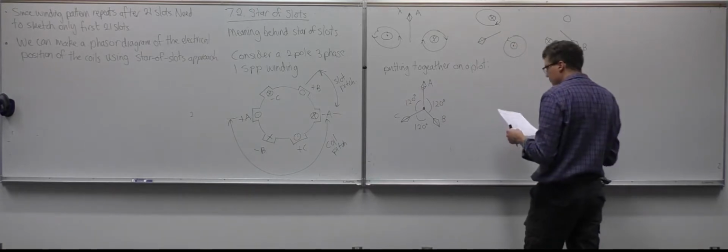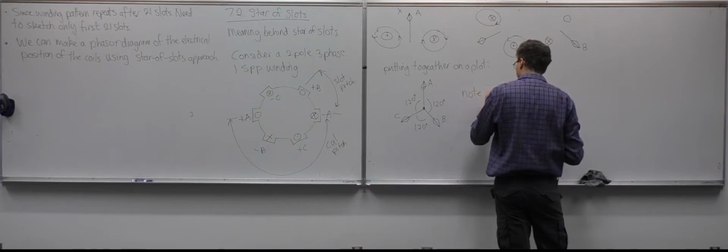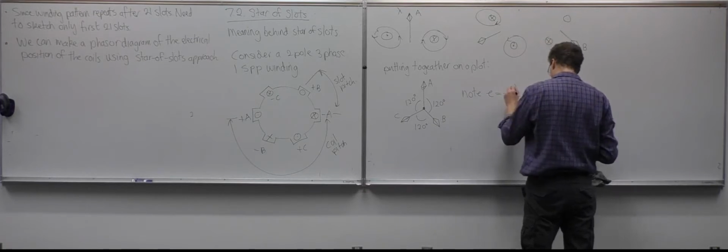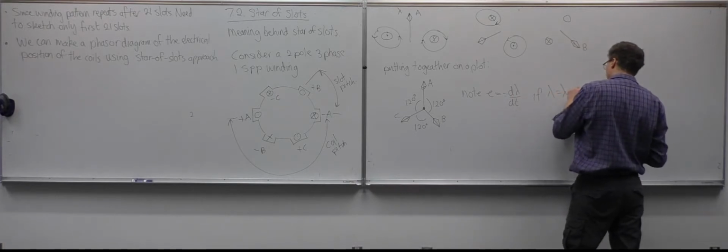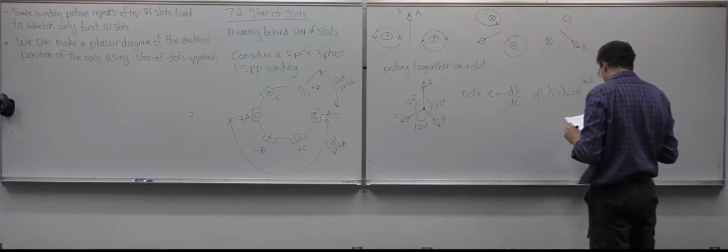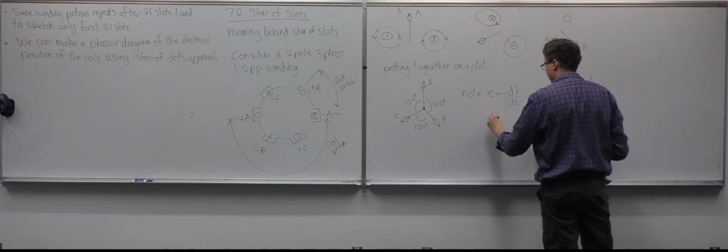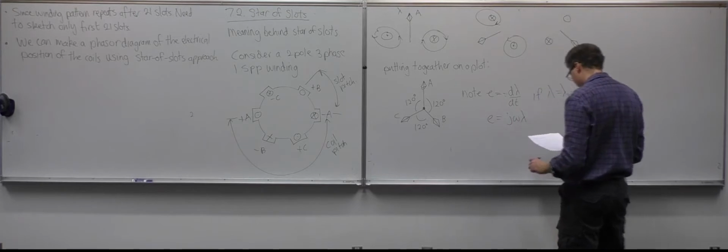Then we can note that if E is equal to the change in your flux linkage with respect to time, if the flux linkage is given by this negative, then E would equal j omega times the flux linkage.